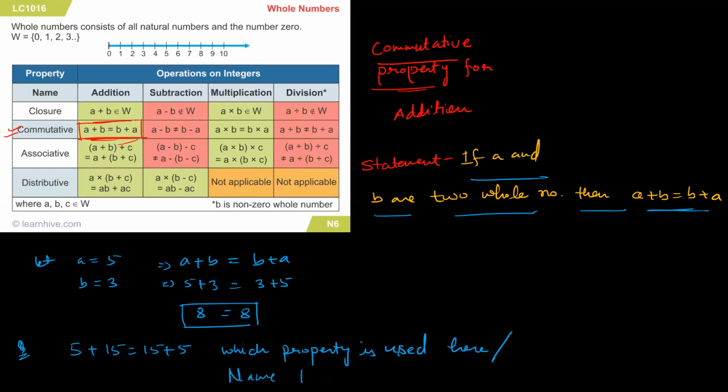Name the property. So what is the right answer? What will you write then? What will you write in the answer?